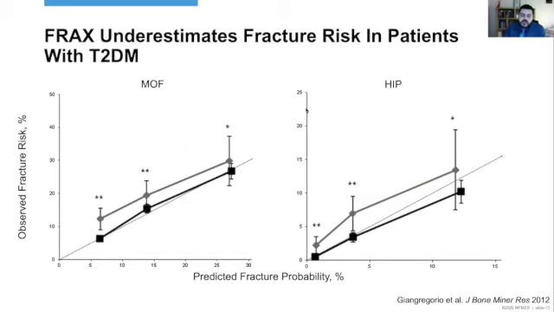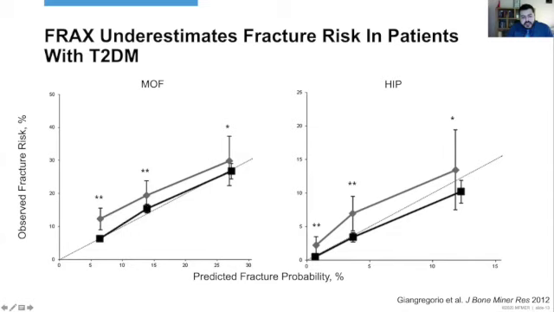So looking more at the general population, this is a population-based cohort from Manitoba, from Bill Leslie's group. And you can see that this is about a 50,000 total cohort and 5,000 of them had diabetes. Comparing those with diabetes in gray to the remainder of the population without diabetes in black, you can see that what's predicted by FRAX estimates well what's in the general population.